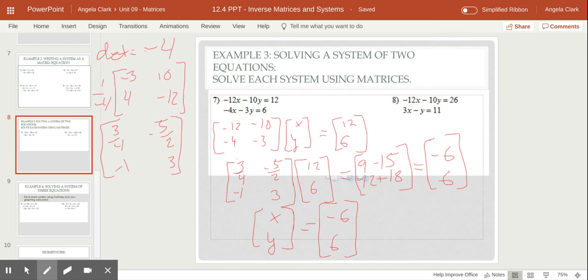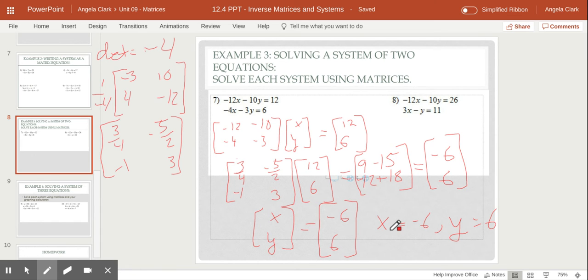Or another way of writing that would be x equals -6, y equals +6. And that's why that order matters, right? Because this corresponds with x and this corresponds with y. And if I switch the order, then I switch which one's x and which one's y, and that doesn't work.